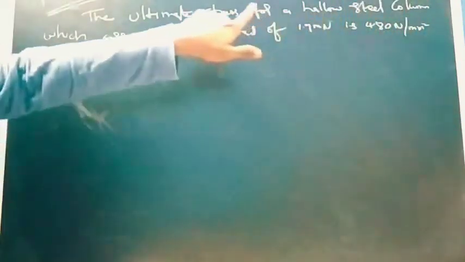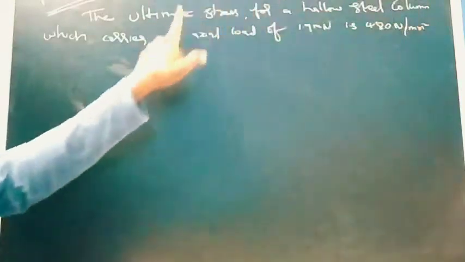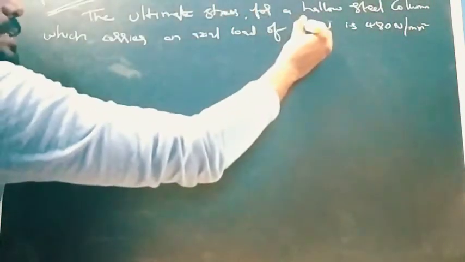So here the ultimate stress is 480 Newton per mm square, and the column is carrying an axial load of 1.9 meganewton, right?